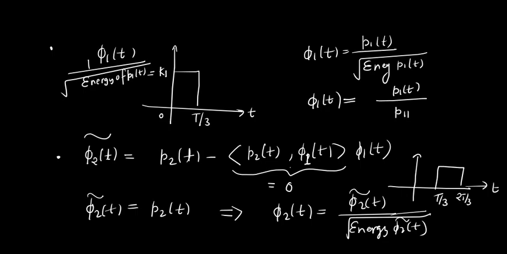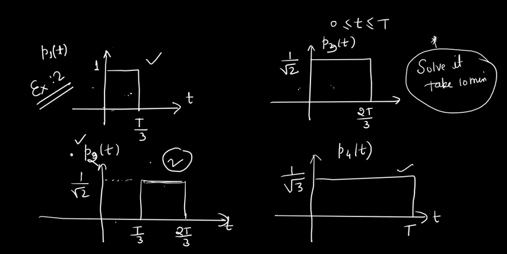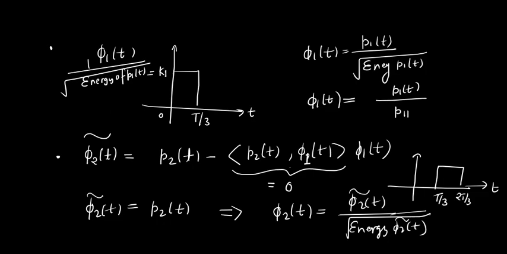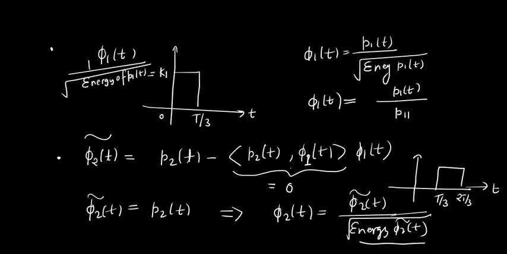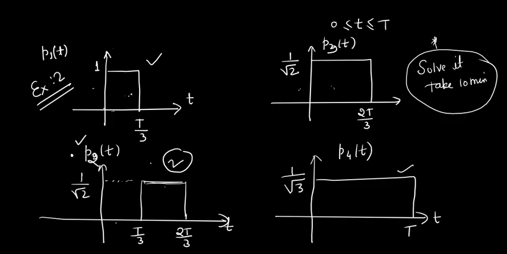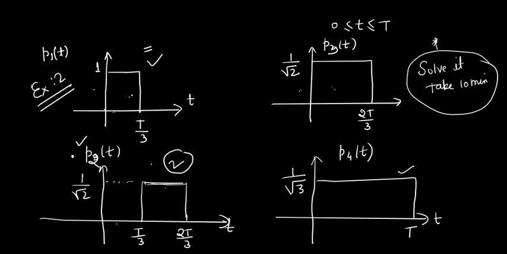What is the energy of this? Energy of phi 2 tilde t is the same as the energy of phi 2 t, and I think the energy of this will be 1 by 2 into, what will be its energy, tell me. You do one thing, write down the energy of all of them here. What is the energy of this? t by 3.